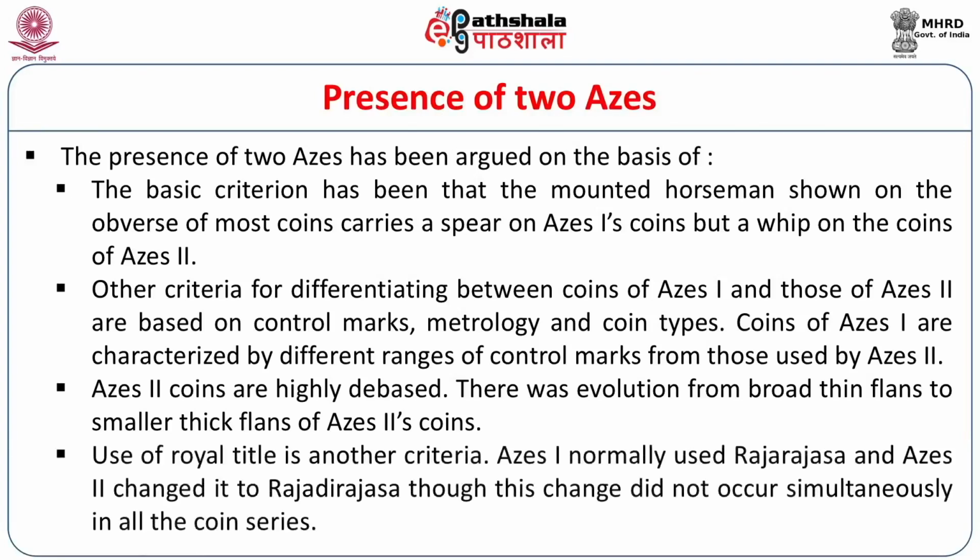So the good quality coins belonged to Azes I and the coarse crude coins belonged to the reign of Azes II. Finally, Azes I used the title Rajaraja in general, whereas Azes II used Rajatiraja. So these are the different markers, but we have to remember that it was not happening simultaneously in all the coins.